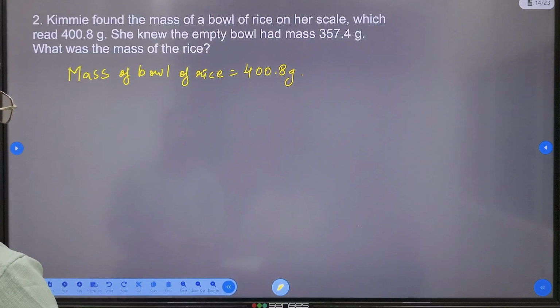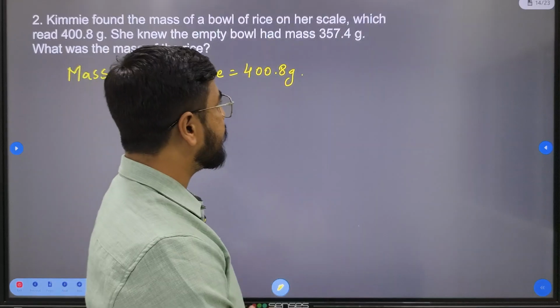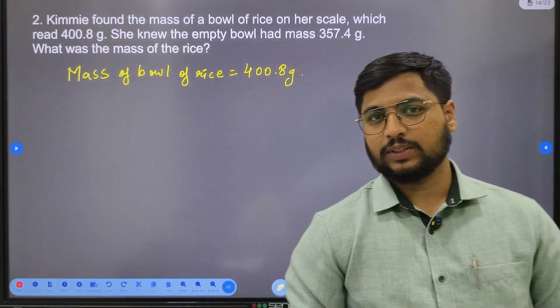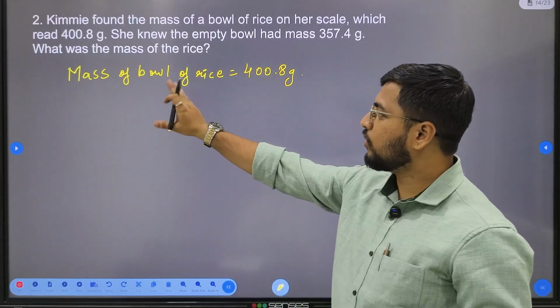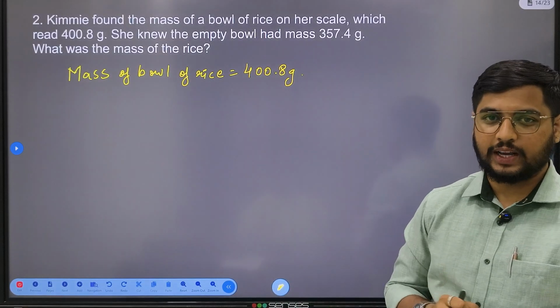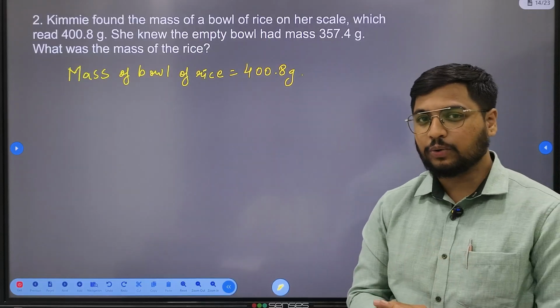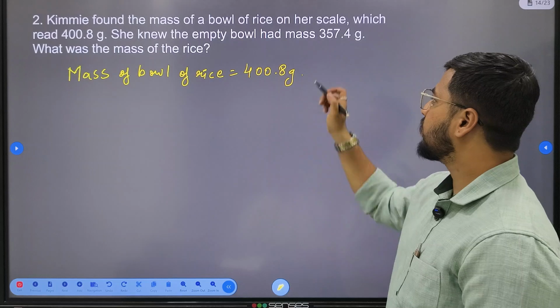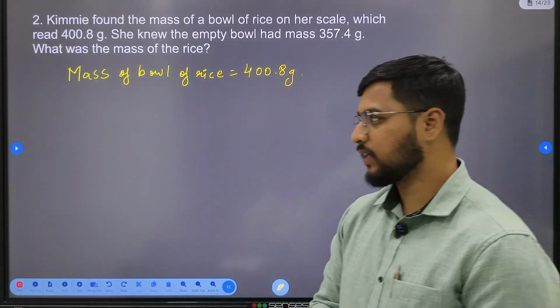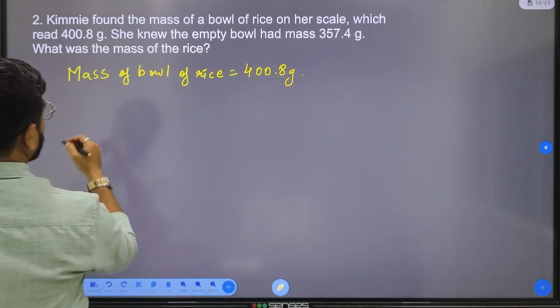She knew that empty bowl had a mass of 357.4 grams. So initially she has weighed the mass of bowl of rice, that is 400.8 grams. And she also knew the empty bowl has a mass of 357.4 grams. So let's write that too.